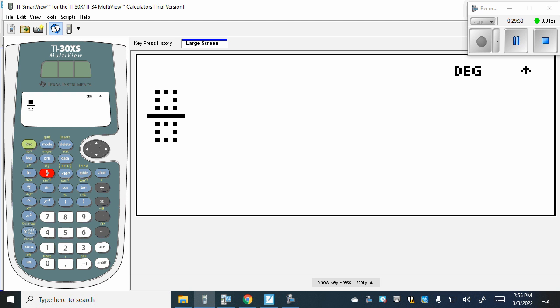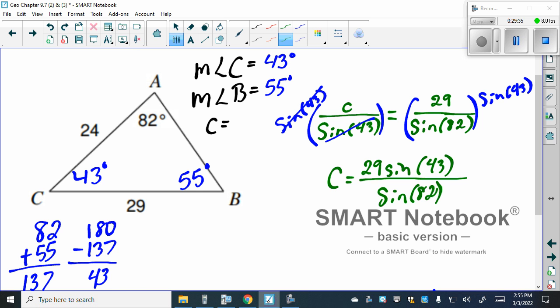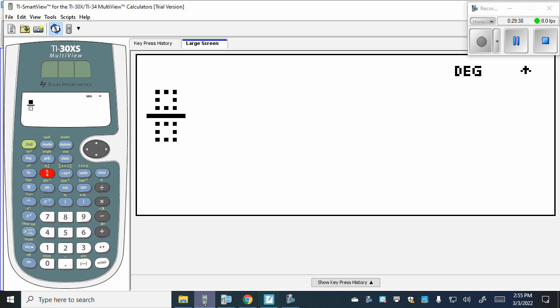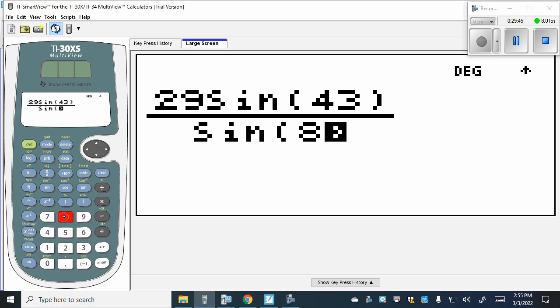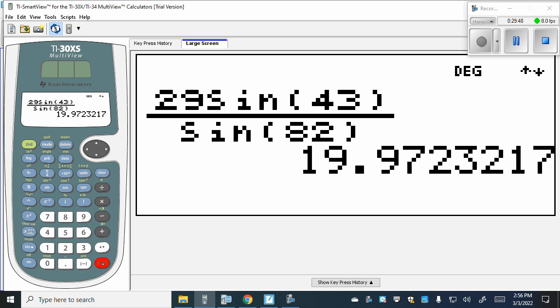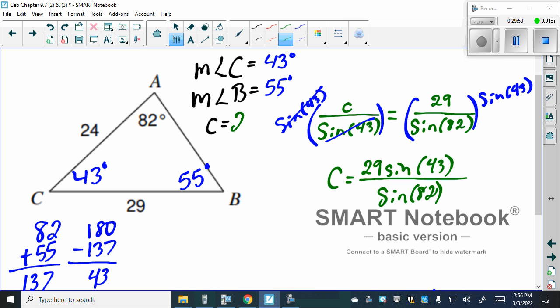I do better when I'm looking straight at it. 29 sine 43 over sine of 82 gives 19.97. If we rounded it to the nearest tenth, the 9 would become 0, and we would get 20.0. That's it. That's all we have to do to solve for the missing side and two angles.